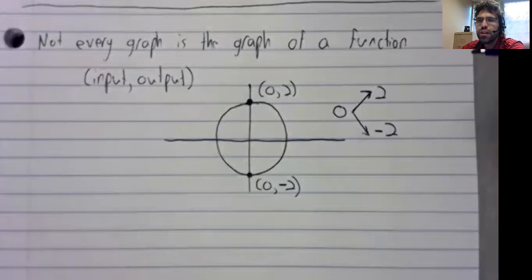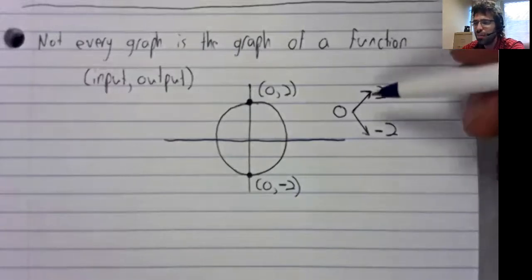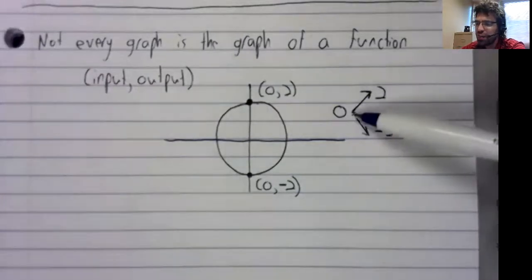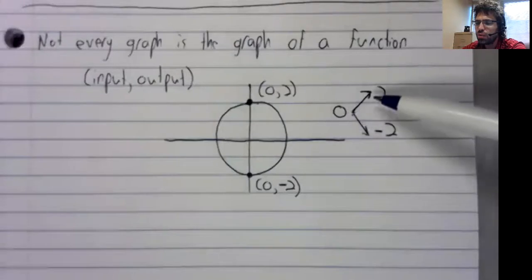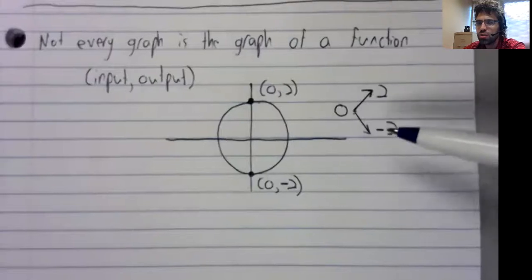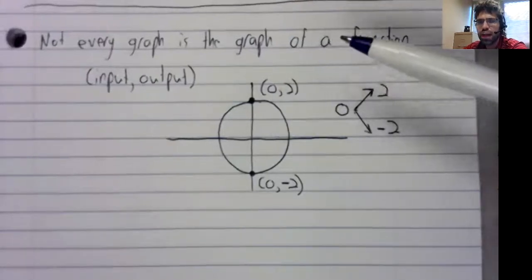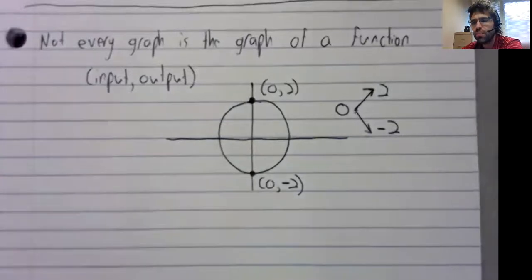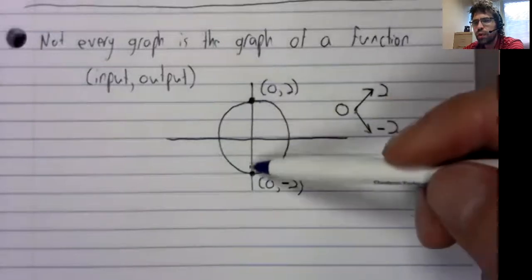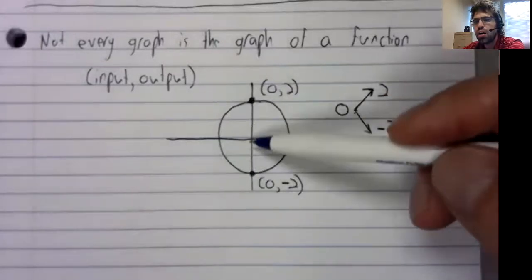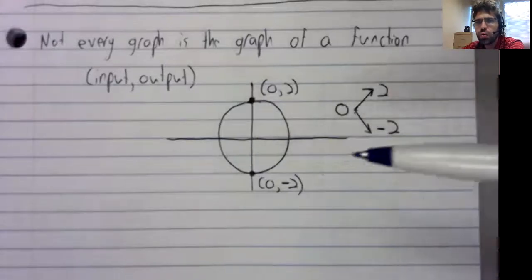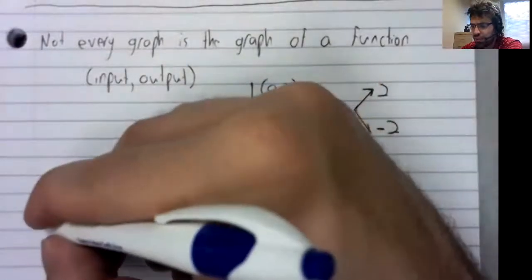And the one thing we've said that a function has to satisfy is that one input cannot have multiple outputs. So this is not the graph of a function. We showed that by looking at these 2 points, which lie above and below one another on a vertical line.